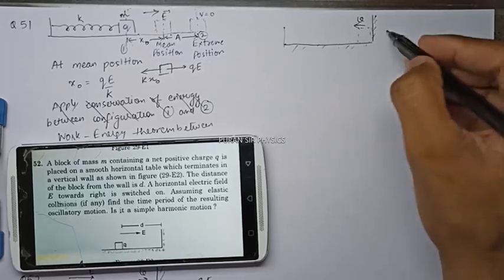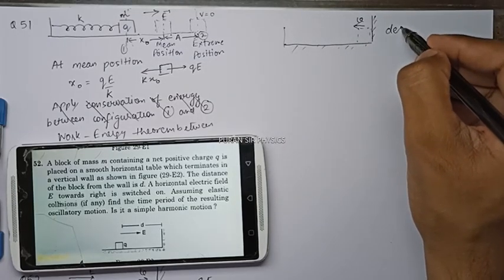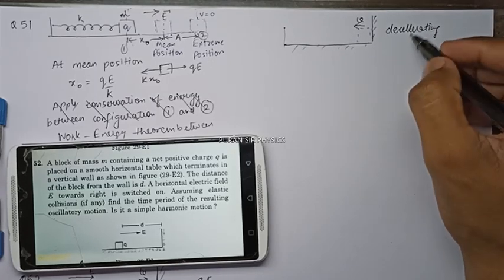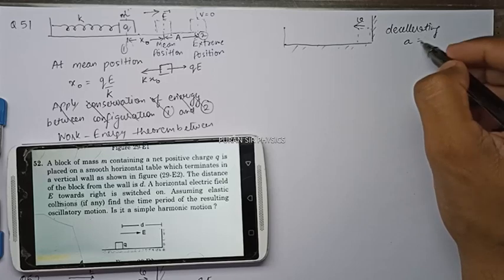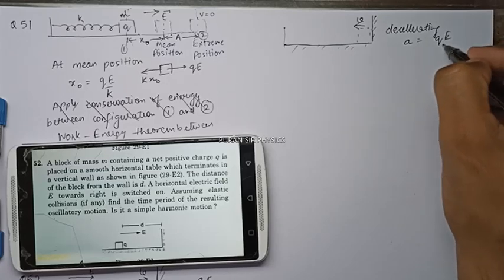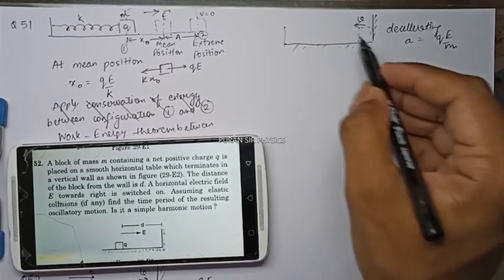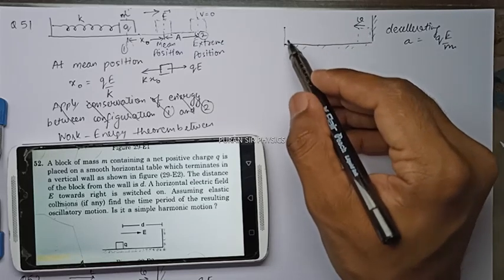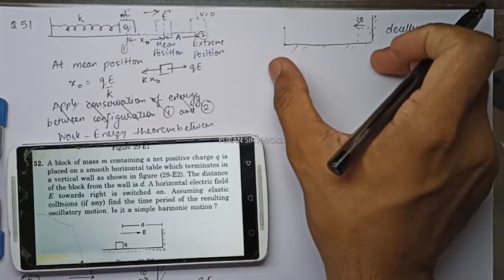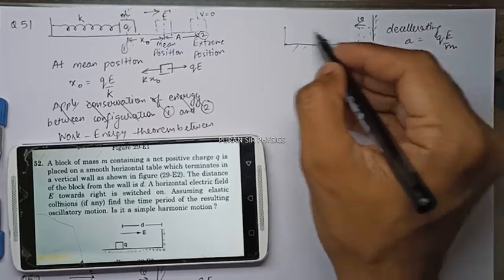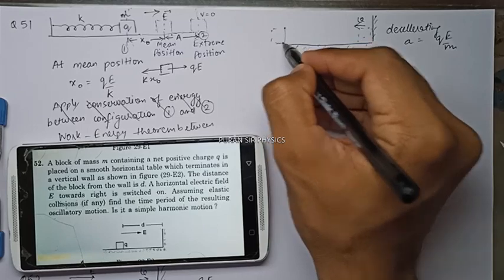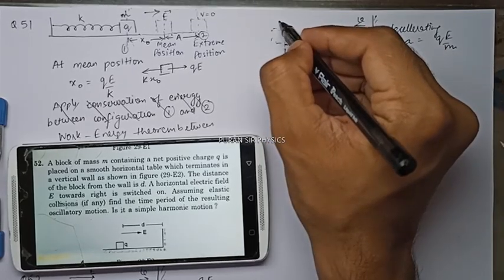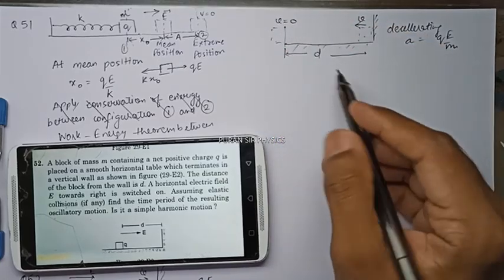Now in this case there will be deceleration, and the deceleration has the same magnitude, that is QE by m. So your block will stop in the same amount of distance. So this block reaches here, a distance d, and again here the velocity will be 0.